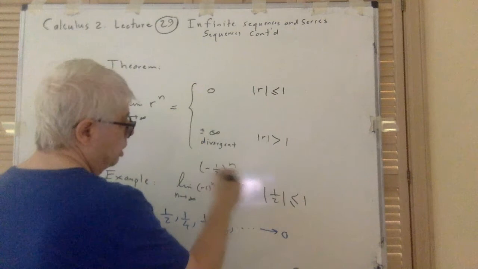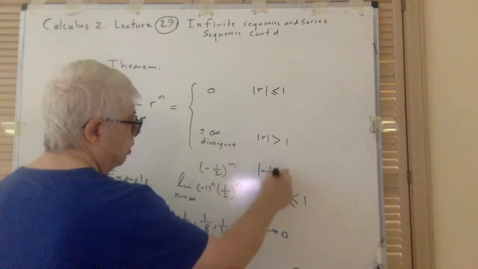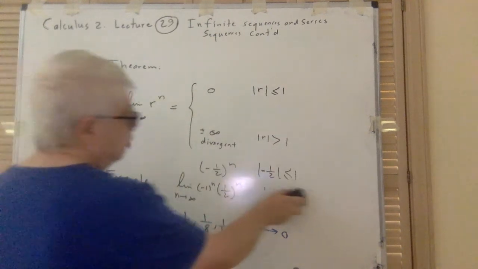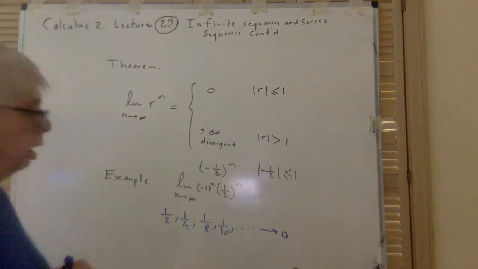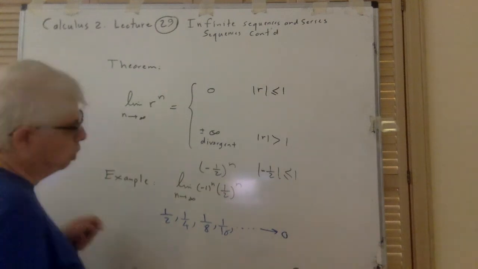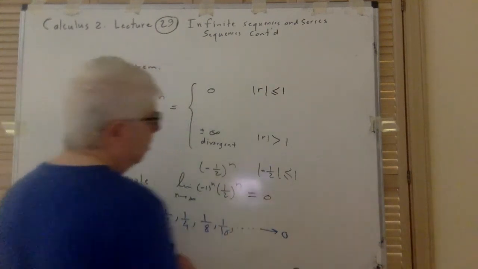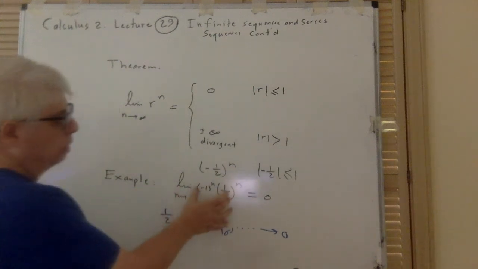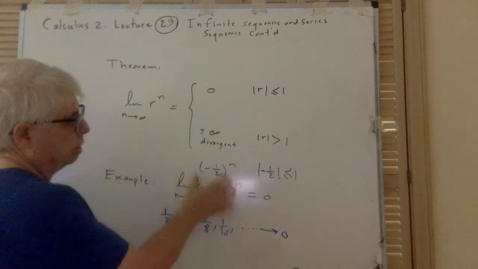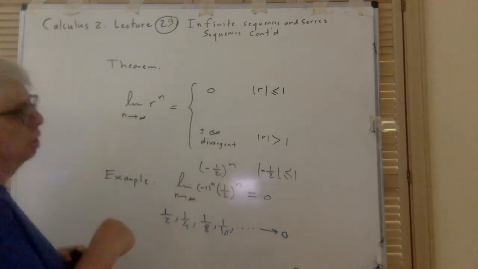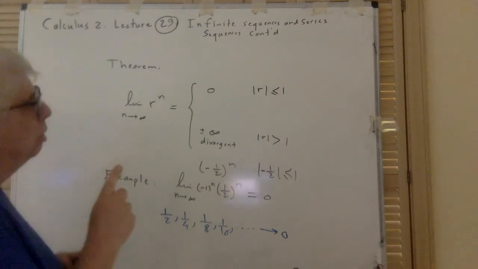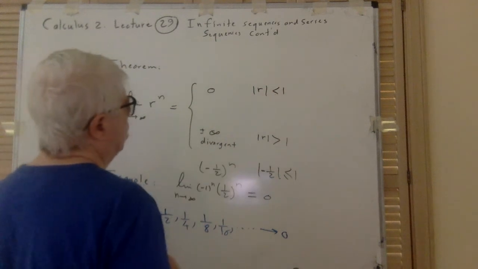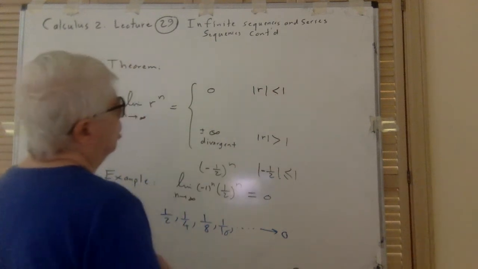So I have r equals -1/2, whose absolute value is the same as that of 1/2, so this also is 0. Whatever this is, if the absolute value of r is less than 1, then it is convergent, and for these examples the limit is 0.